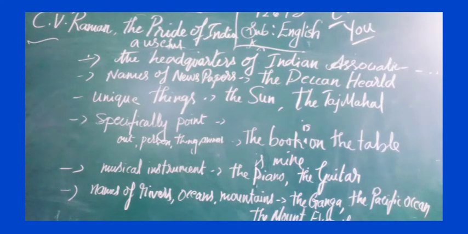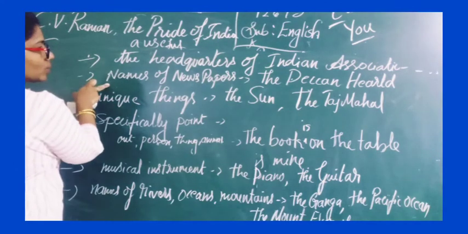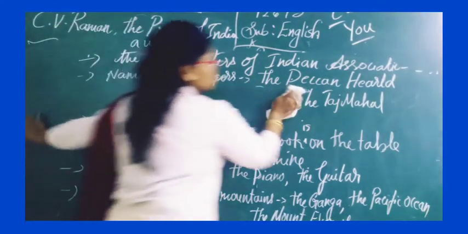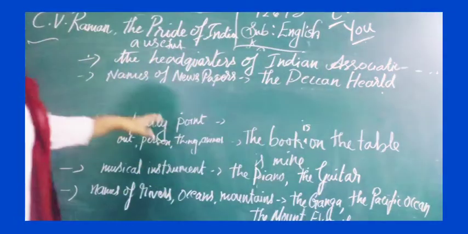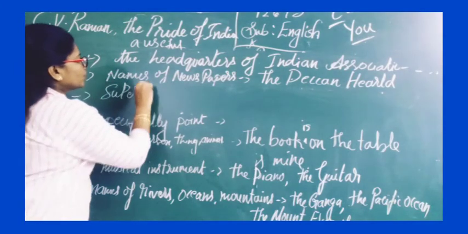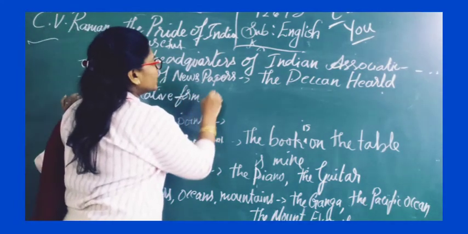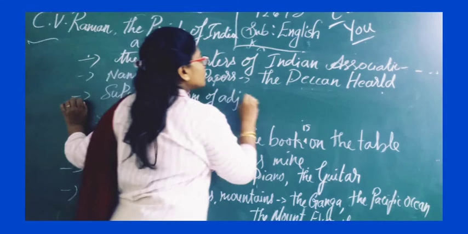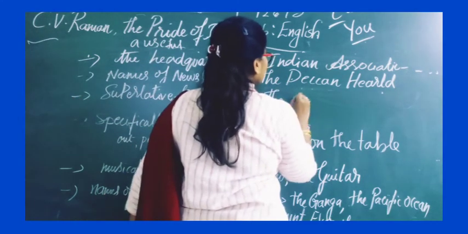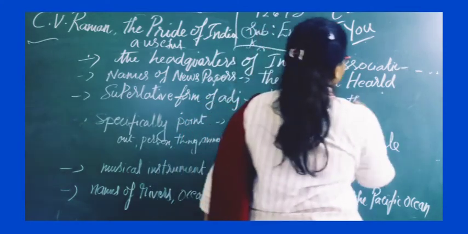Before the superlative forms of adjectives, we should always use the article. You should know this and copy this, these are all very important. Before the superlative form of adjectives, we use the article, like the biggest, the kindest person.